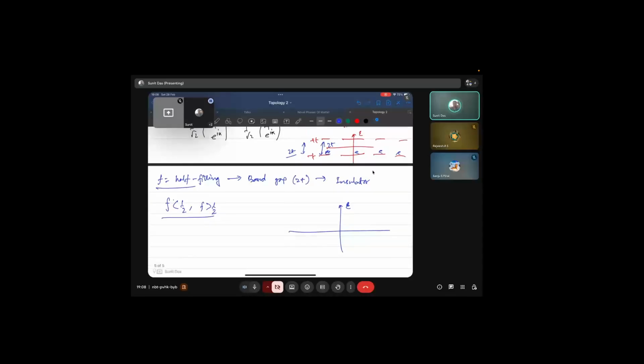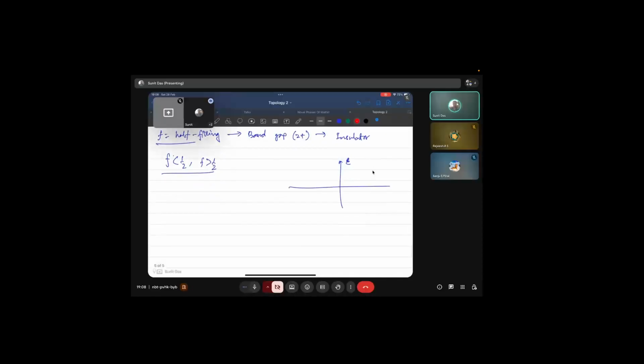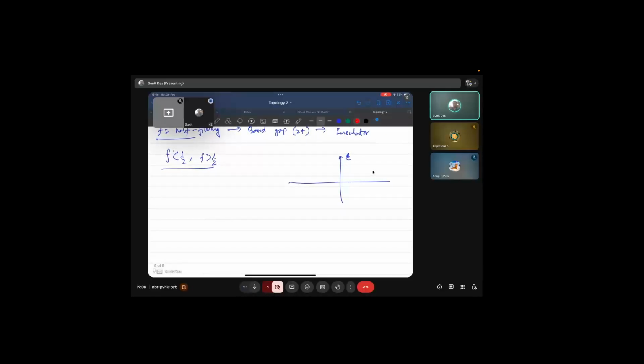Now, what is the scenario in these two cases if we have less than half filling? What we'll have is some atomic states like this, and the electrons will be somewhere here, so less than half filling, let's say.